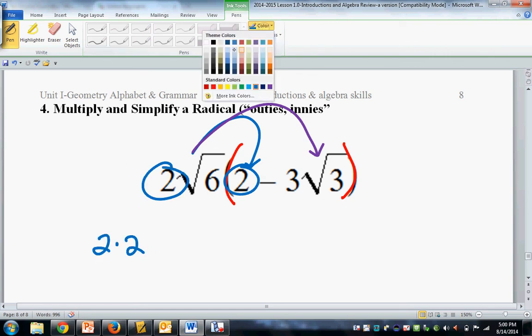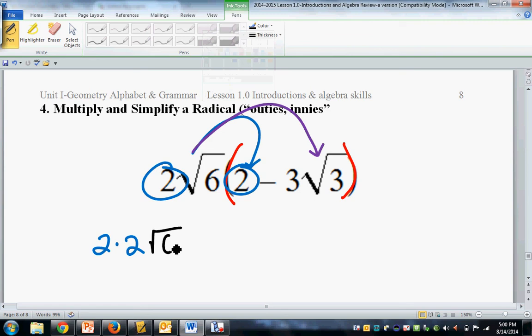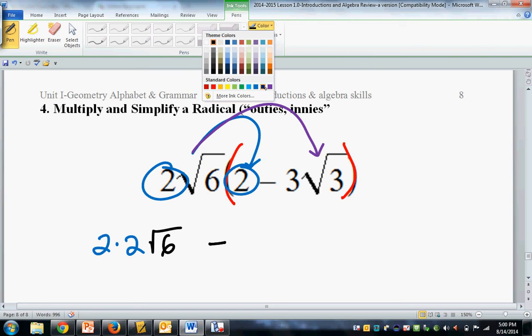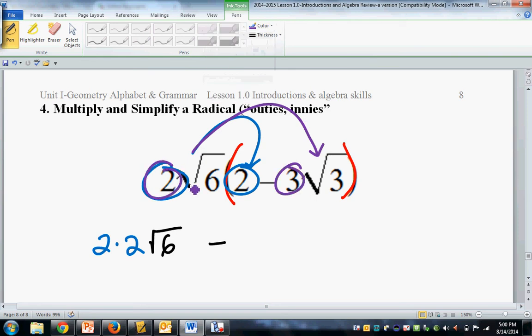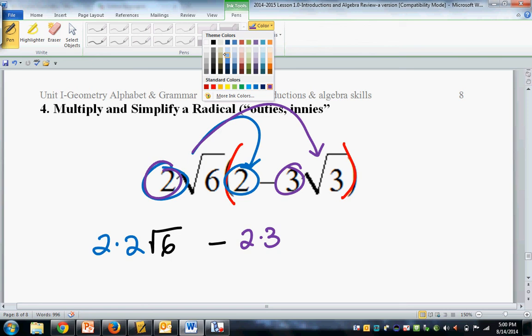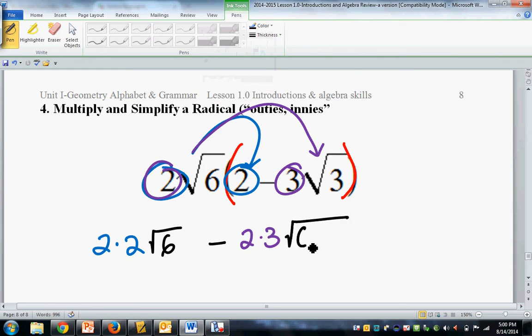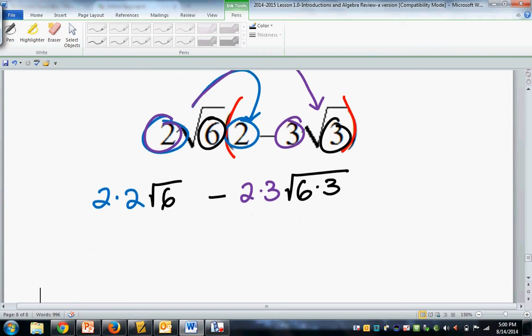So we're going to do 2 times 2 root 6, because there's no innies there, minus that 3 and the 2 multiply, 2 and 3 square root, and then under the radical sign we have the 6 and the 3 because those are innies.